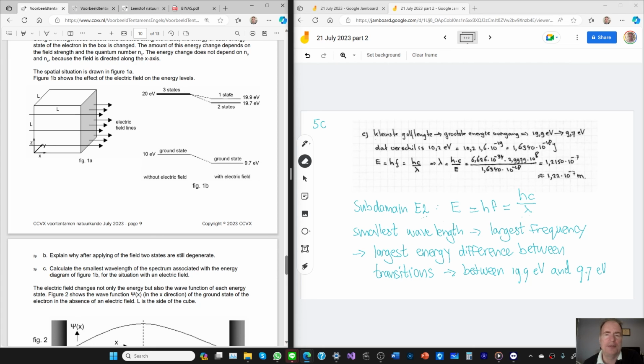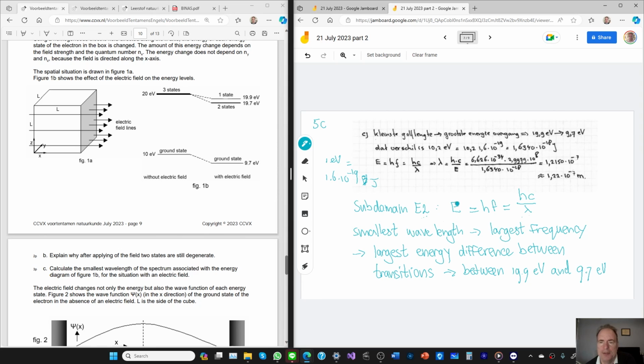So the largest energy difference is between the ground state of 9.7 and this state with Nx equal to 2. That difference is 19.9 minus 9.7, which is 10.2 eV. And 1 eV is 1.6 times 10 to the power minus 19 joule. So that's the energy.